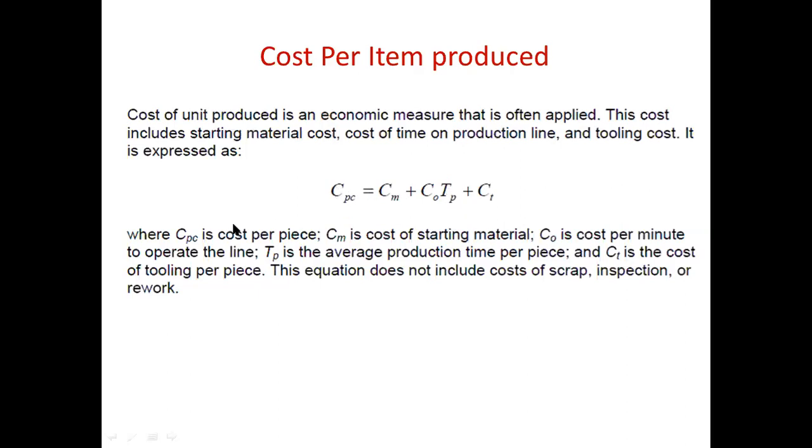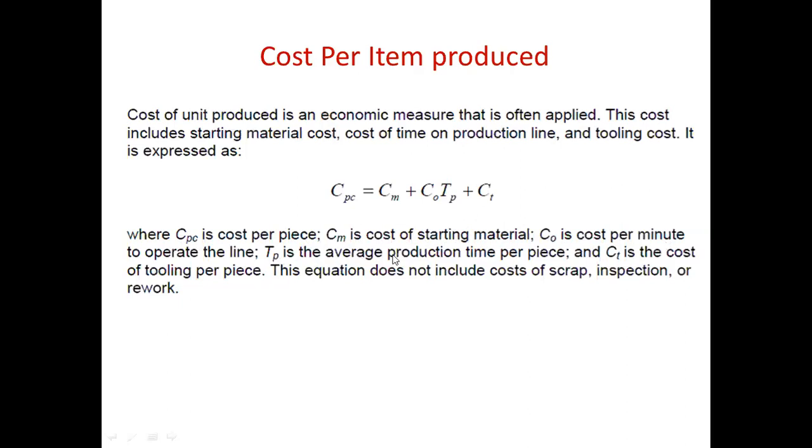CPC is the cost per piece, and CM is the cost of starting material when we purchase the material. This is basically the material cost or starting cost of the material, and CO is the cost per minute to operate the line.